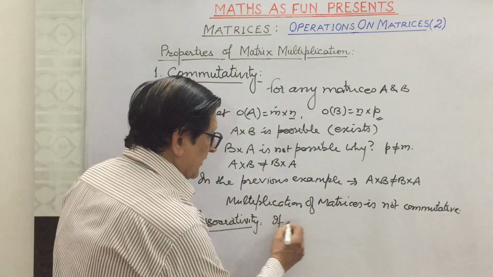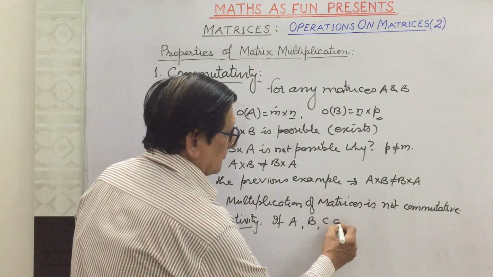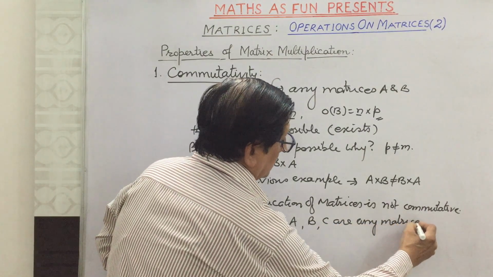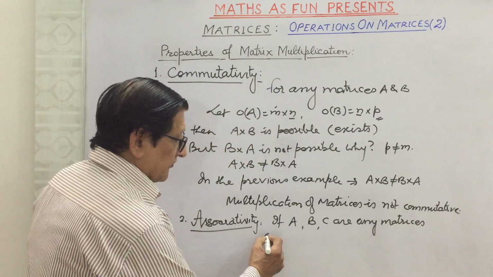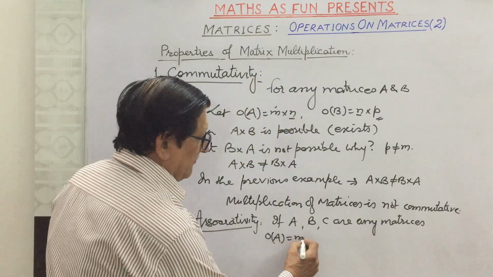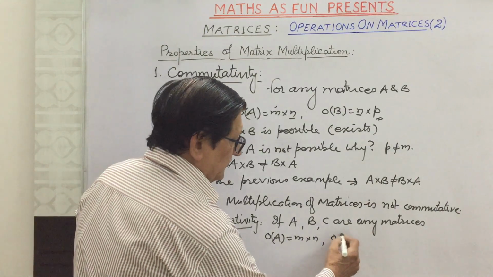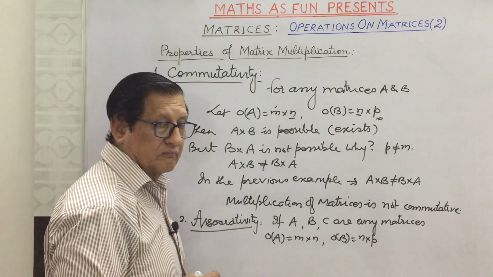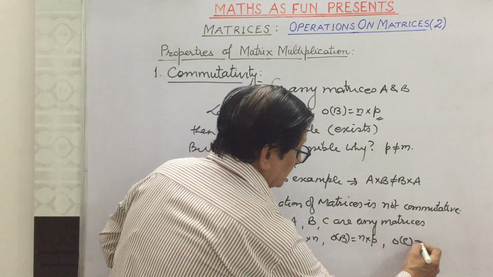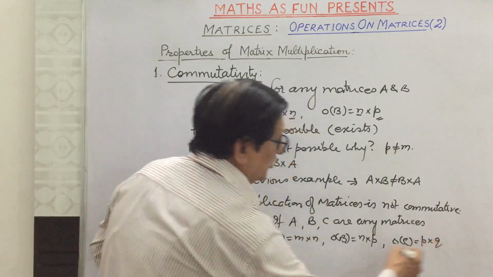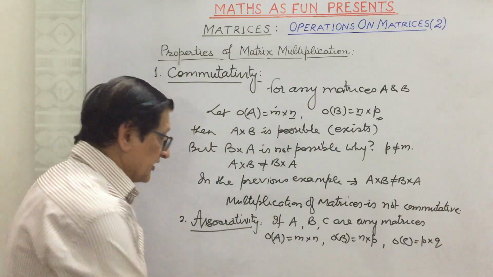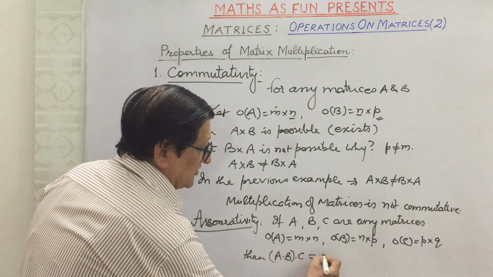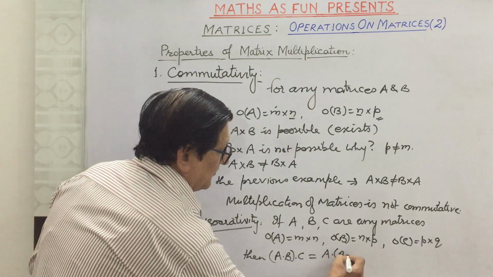If A, B, C are any matrices, such that the order of A is m into n, the order of B is n into p, and the order of C is, suppose, p into q, then we find that (A into B) into C is equal to A into (B into C).